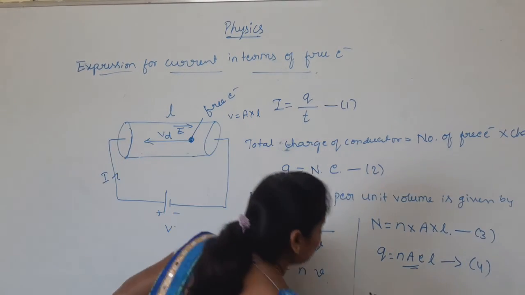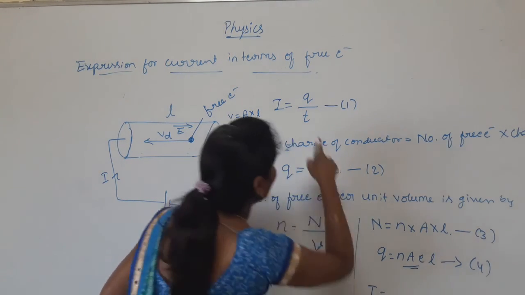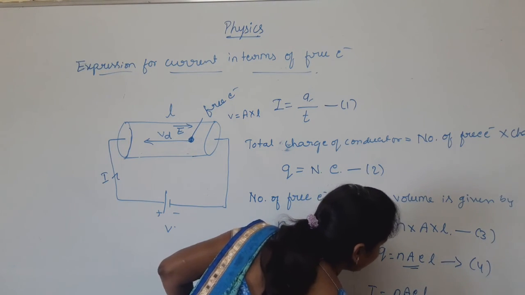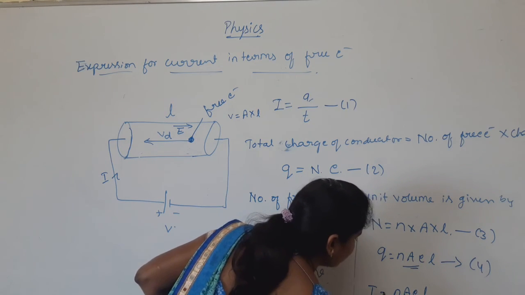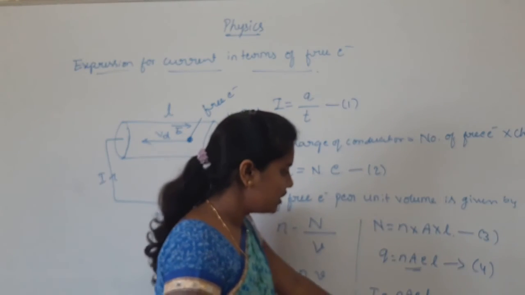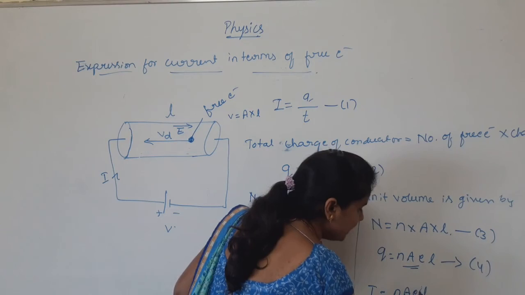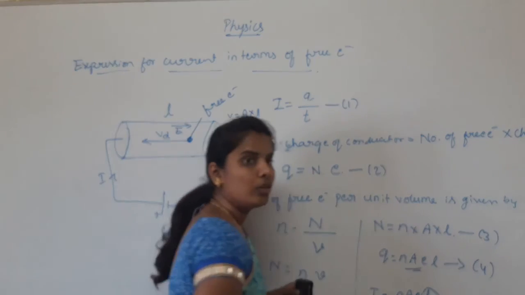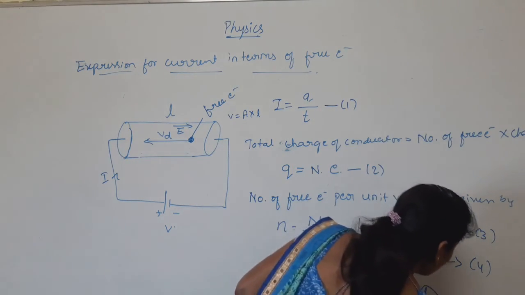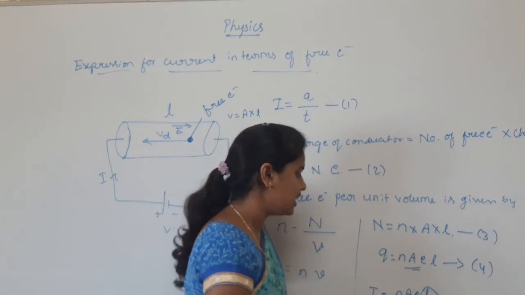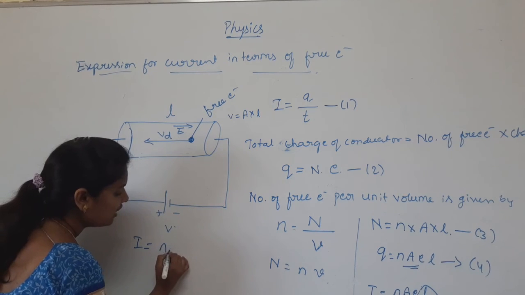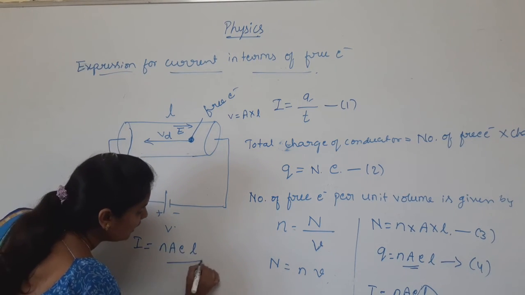We get I equals Q divided by t, where Q is n A e L, so I equals n A e L divided by t.